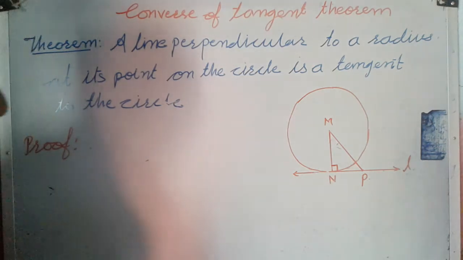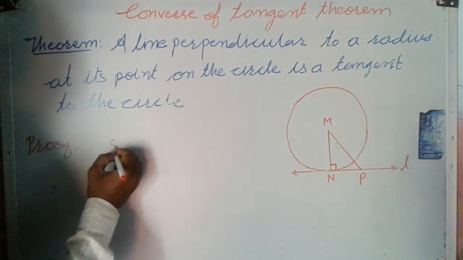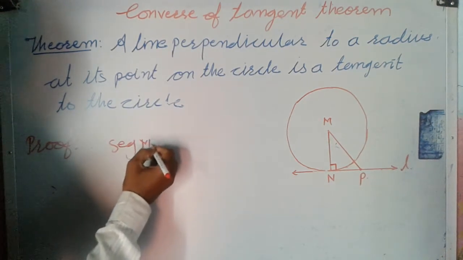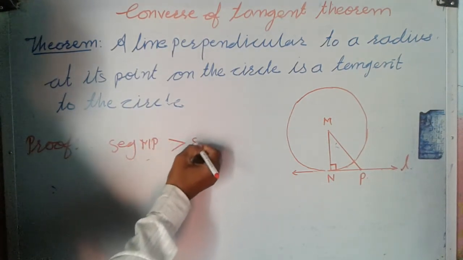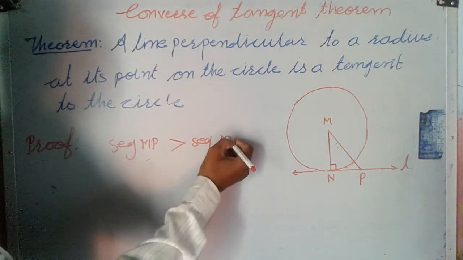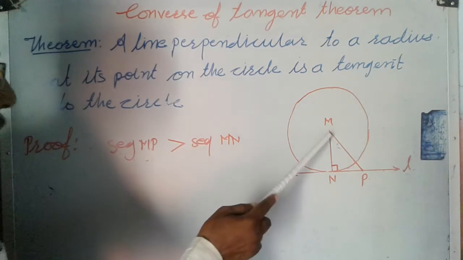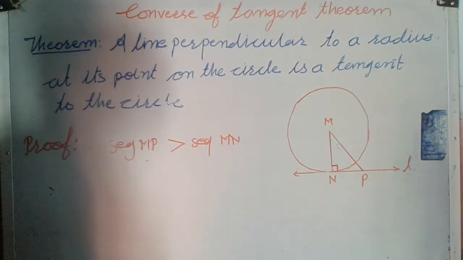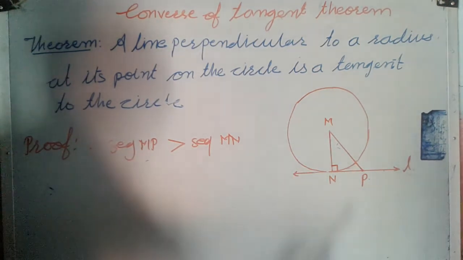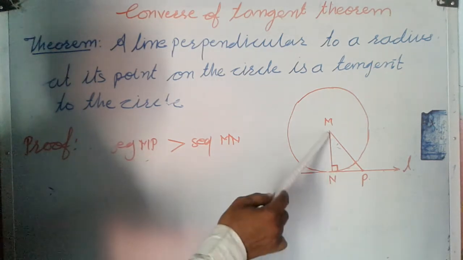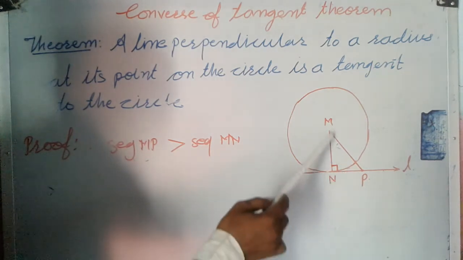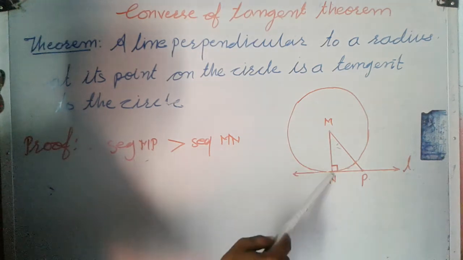So segment MP is greater than segment MN, and MN is the radius. That means this distance MP is greater than this radius.